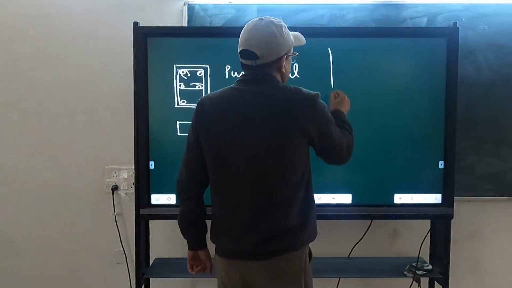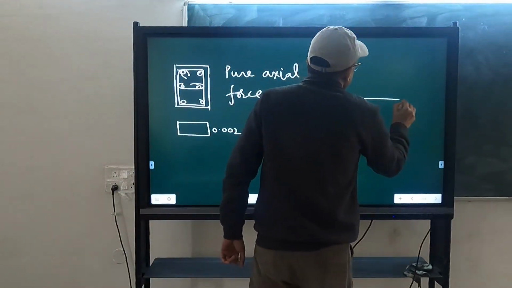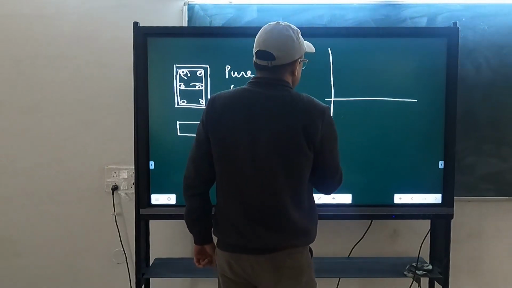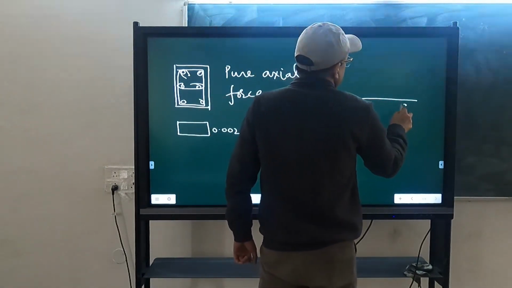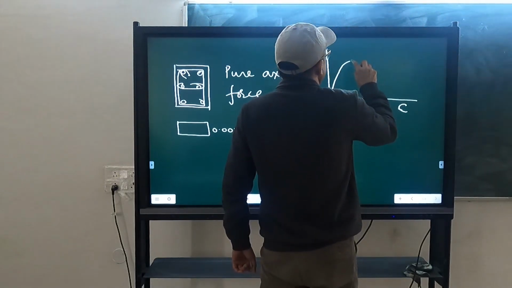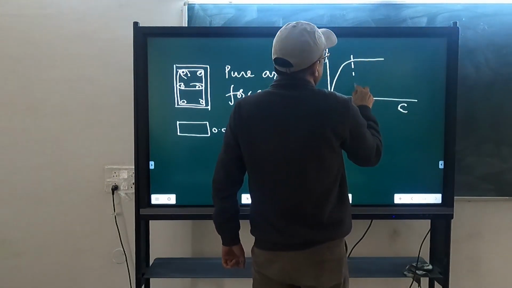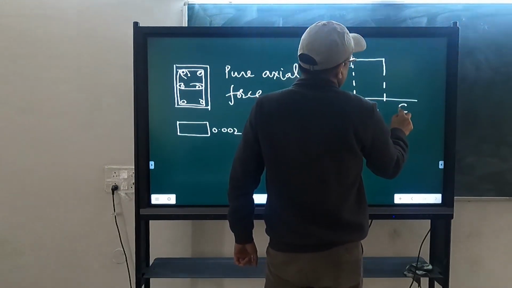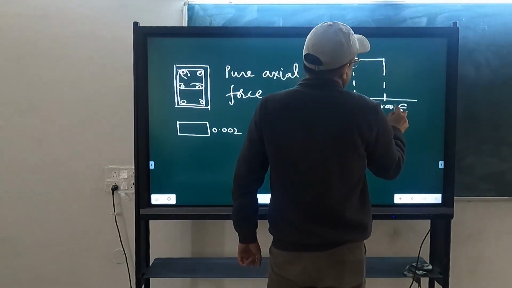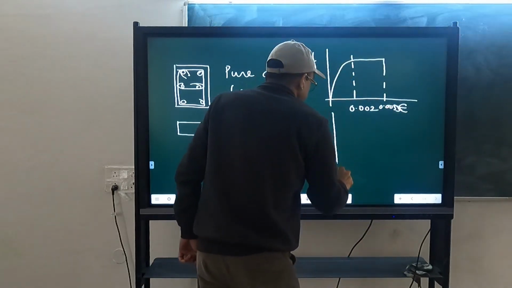Our stress strain curve for concrete, and for steel.